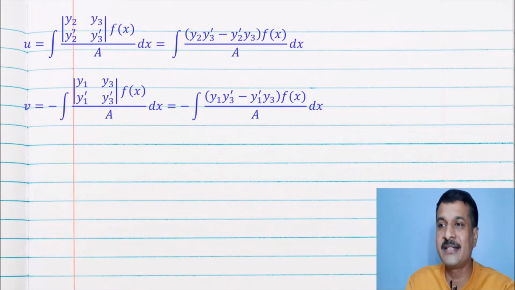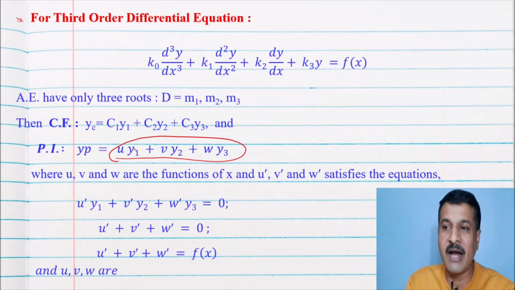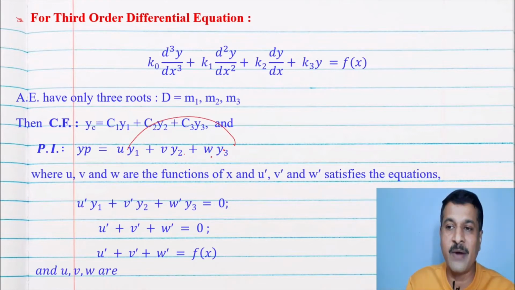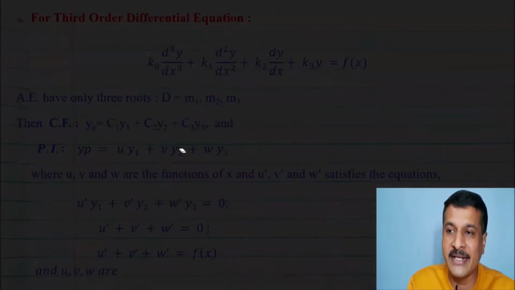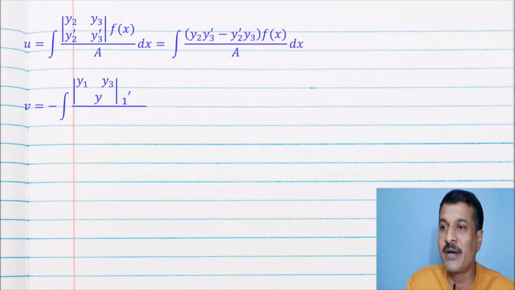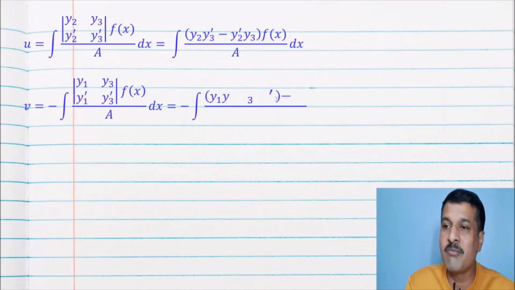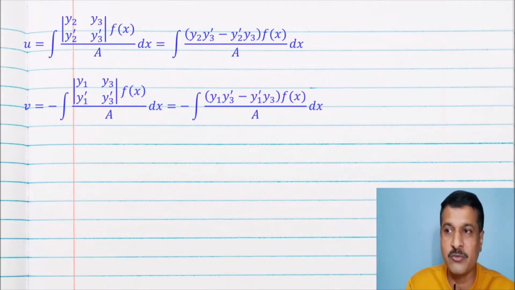Note that here you already have this as your yp. When we are going to find u, consider the determinant of y2 y3. When we are going to find v, you consider the determinant of y1 and y3, and to find w, you consider the determinant of y1 y2, and you will get such type of formulas. So what is v here? v equal to minus, note that here u is positive but v is negative, integration of the determinant.